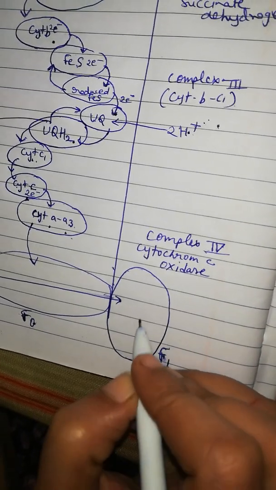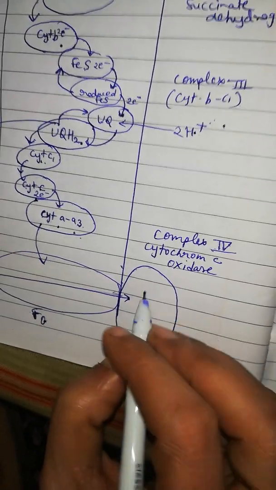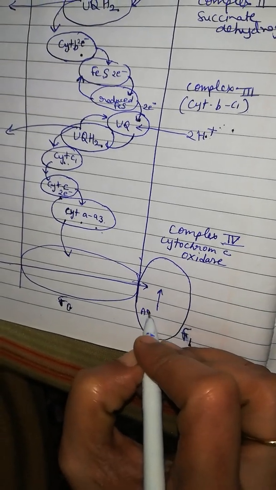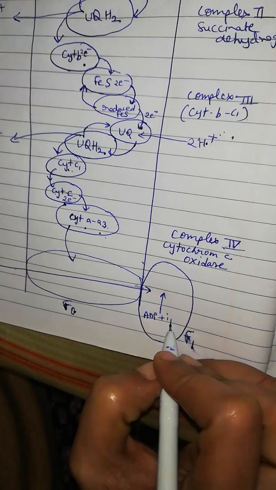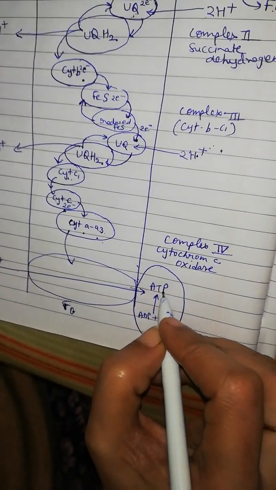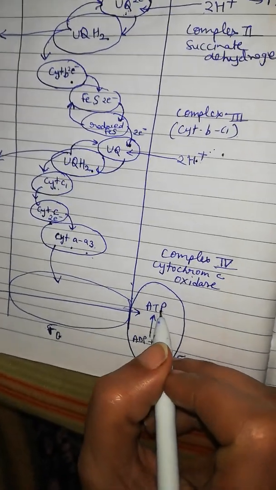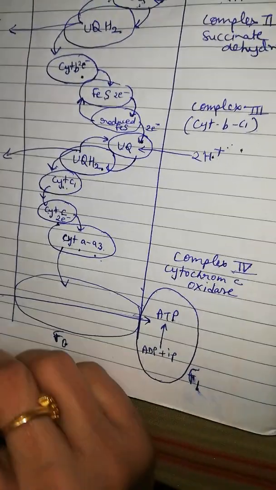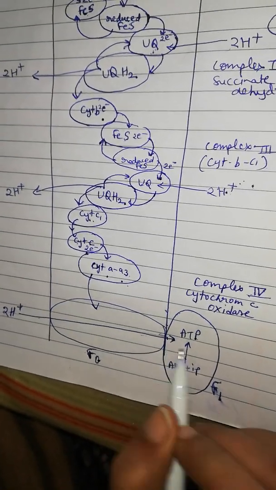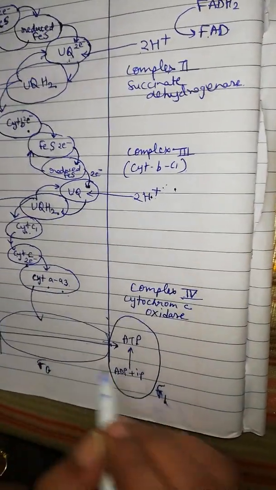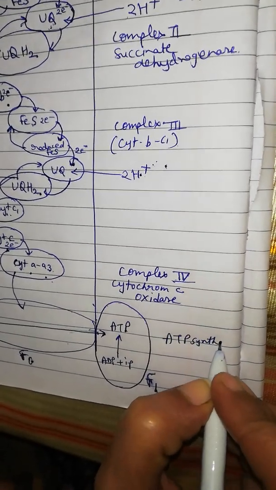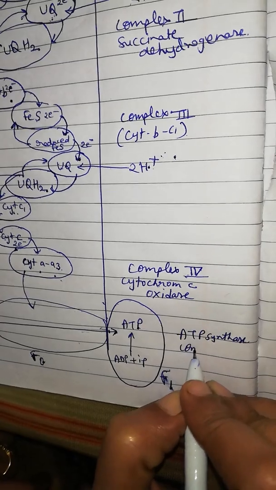The F1 unit is the catalytic unit which causes ATP formation. So ADP plus inorganic phosphate, ATP molecules are synthesized. For each ATP molecule, 2 hydrogen ions are transported through the F0 unit. This ATP synthase is complex 5.